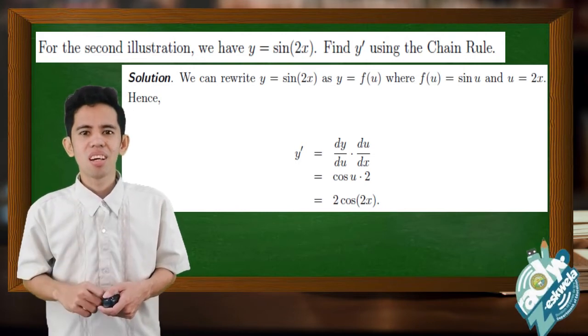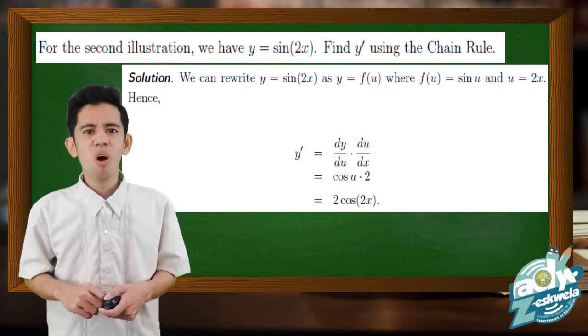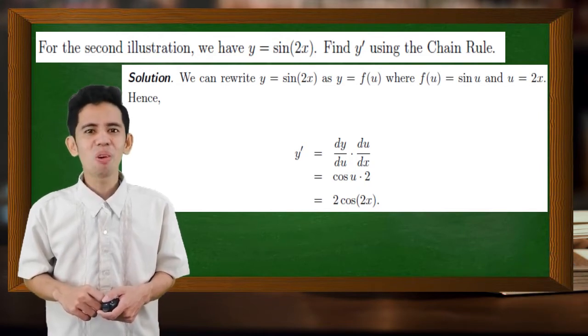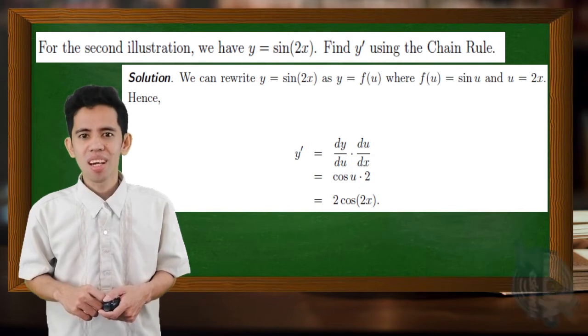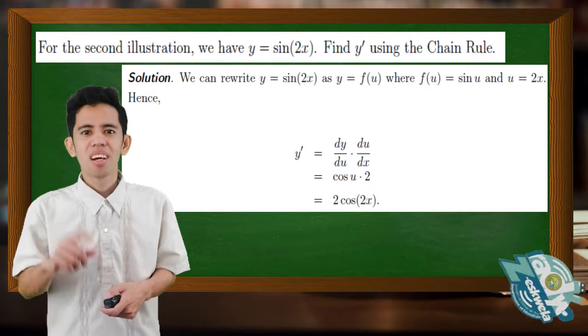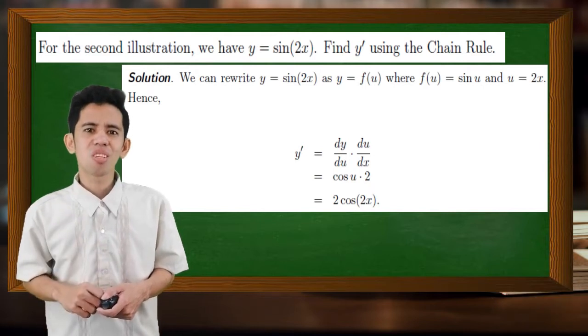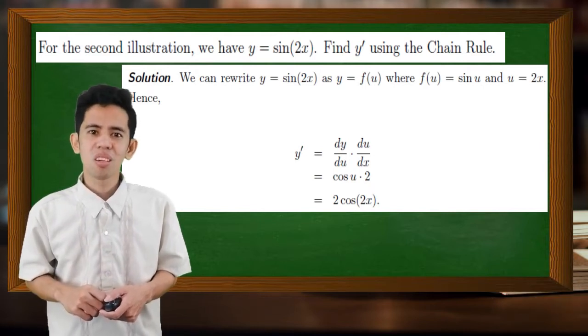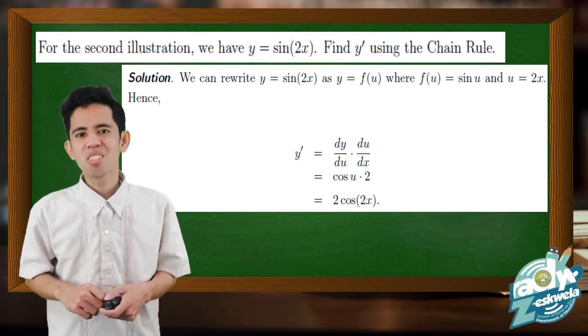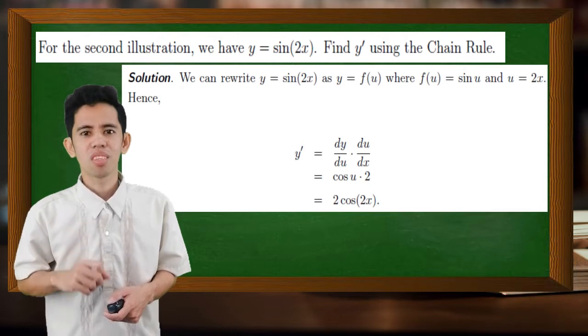Hence, the derivative of y, or y prime, is equal to dy over du times du over dx. dy over du is equal to cos u, while du over dx is equal to 2.